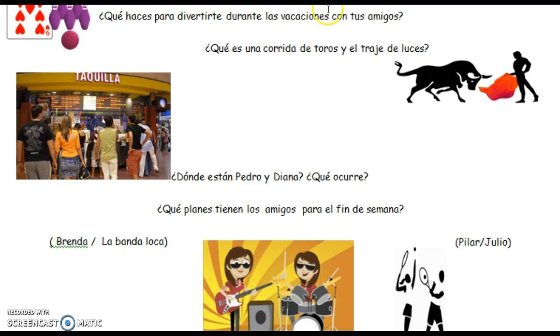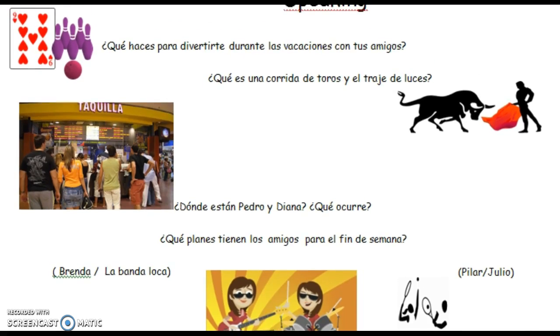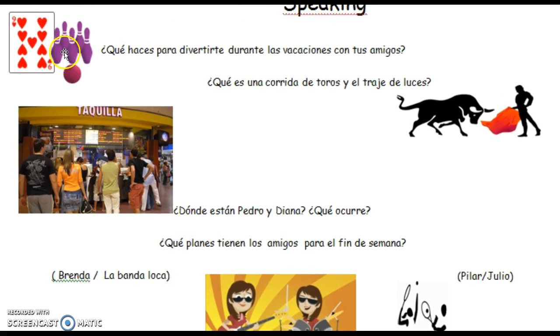Example, you might have a picture like this one where you get some clues of what you do to get along. So in the minute that you have to brainstorm, you have to read the question and decide, what is it that I do to have a good time with my friends? And the picture is to give you some ideas, and of course, always directing you to think about your vocabulary.